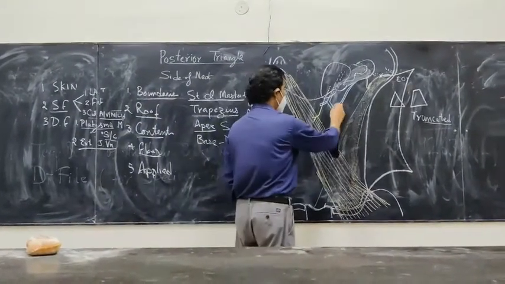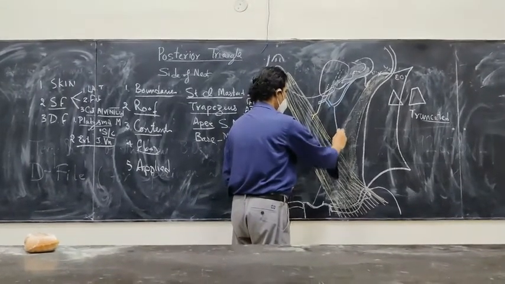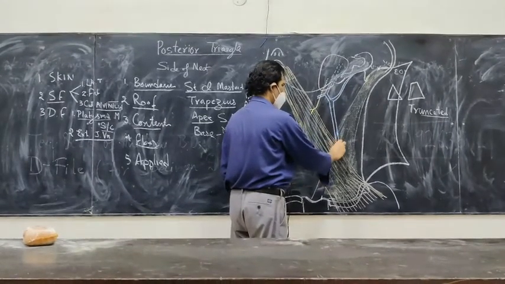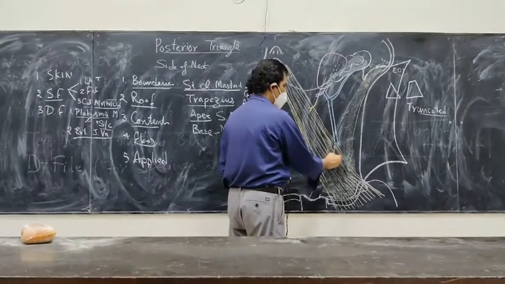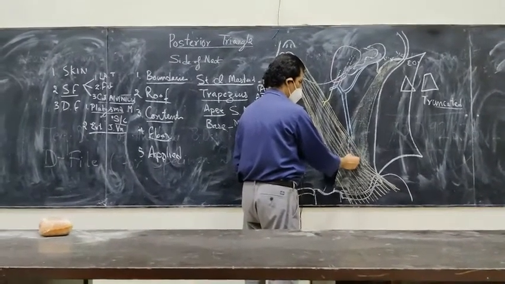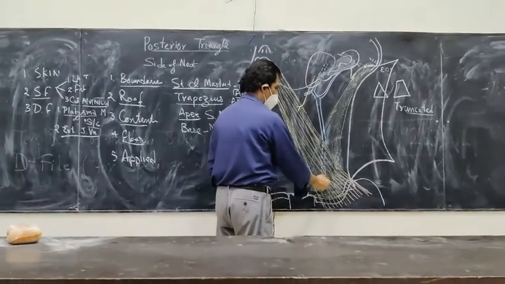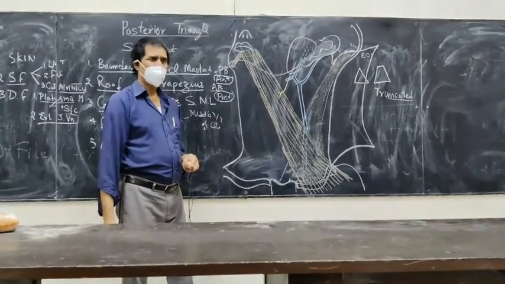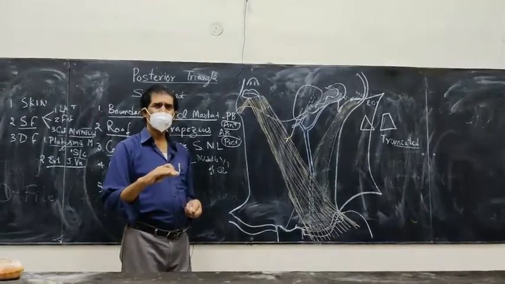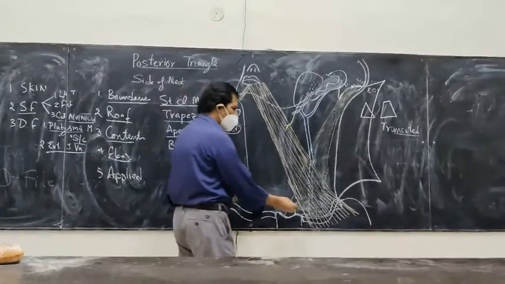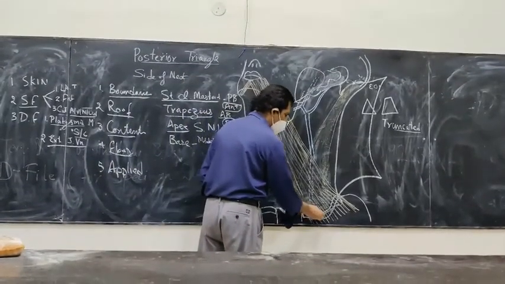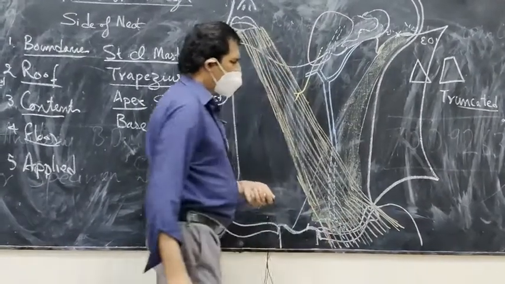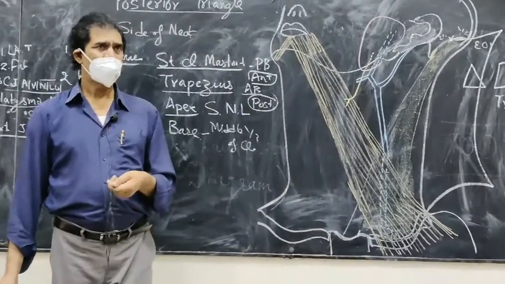Both unite to form the external jugular vein, which runs obliquely over the sternocleidomastoid muscle and passes below the platysma. Where it terminates, one inch above the clavicle, it pierces the deep fascia and opens into the subclavian vein, which we have done in relation to the first rib, subclavian vein and artery.